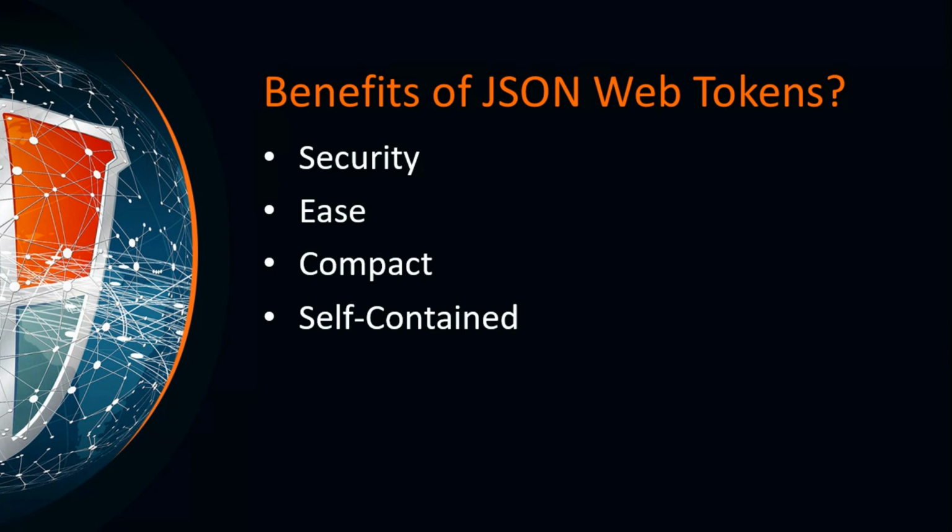Additionally, due to its size, the transmission is fast and self-contained. The payload contains all the required information about the user to avoid querying the database more than once. So only once the database connection, and then it will generate the payload.